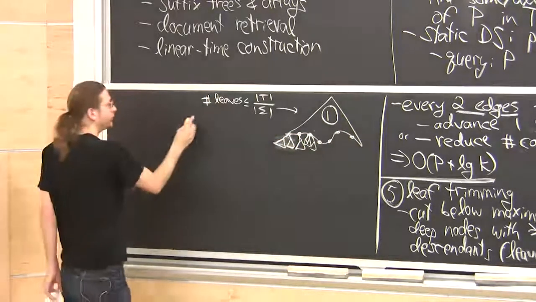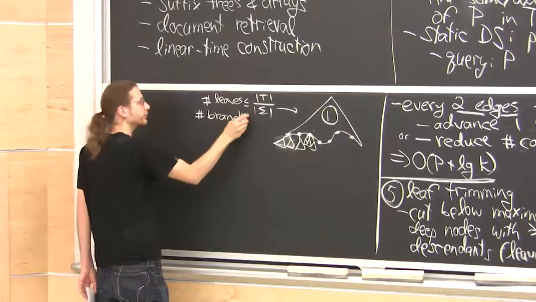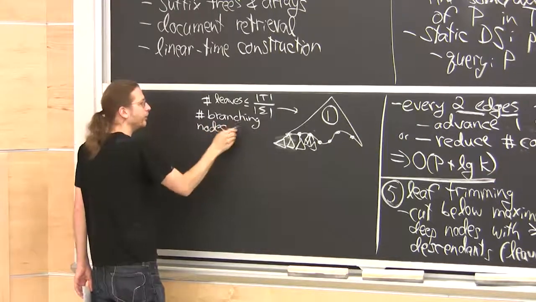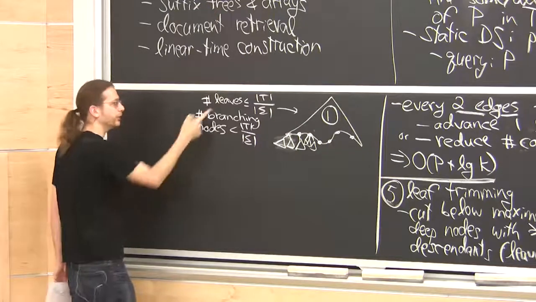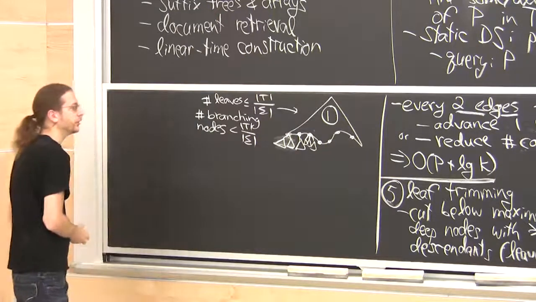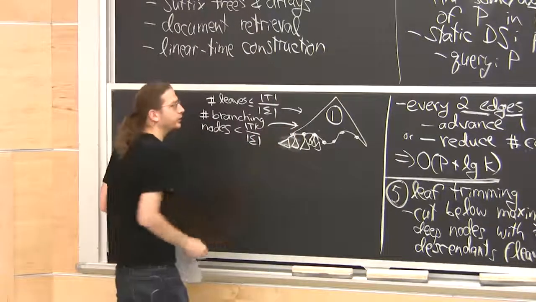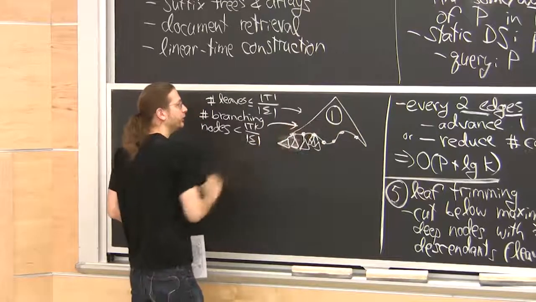That means we can also use it on the branching nodes. The number of branching nodes is also at most t over sigma because there's one fewer branching node than there are leaves. So I can use arrays on the leaves and on the branching nodes.